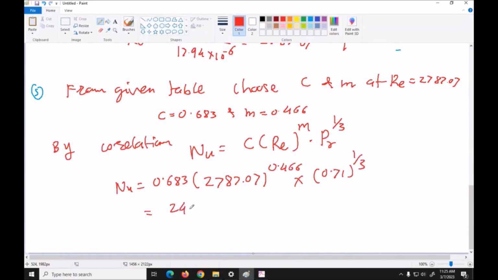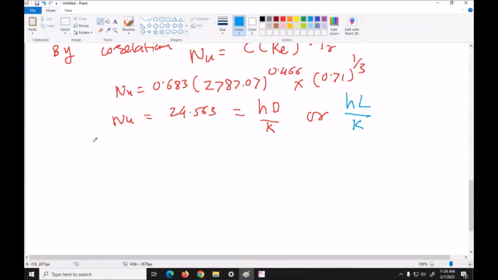And it is 24.563, and it is nothing but h d by K or h L by K. So we can find out h, and that is called h empirical, which is equal to Nusselt number into K by d.